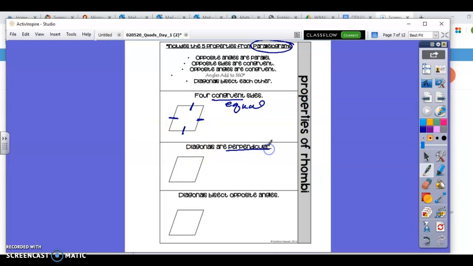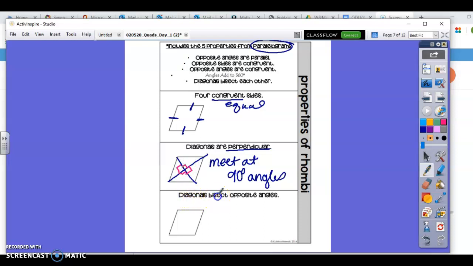Diagonals are perpendicular, that means they meet at 90-degree angles. So when these diagonals cross each other, they form 90-degree angles at the point that they cross. So you put those little squares in there to show that it's 90 degrees.